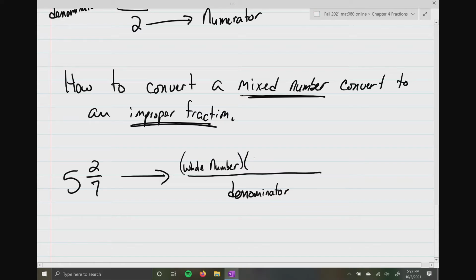We're going to multiply that by the denominator. Sorry about that. I'm glad I caught myself. And then we're going to add the numerator to it. All right, so once again, denominator stays the same. And then up top, you're going to take the whole number times the denominator and add the numerator.